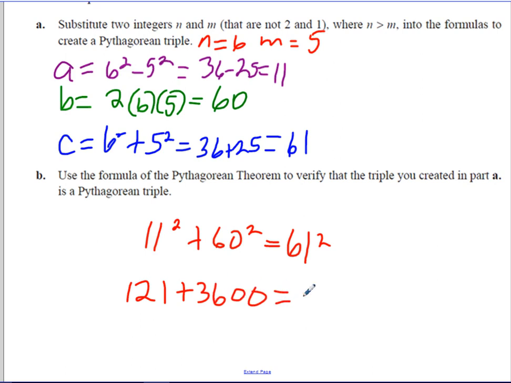And then 61 squared is 3,721. And if we add 121 to 3,600, we get 3,721, which matches our C squared. So it did work.